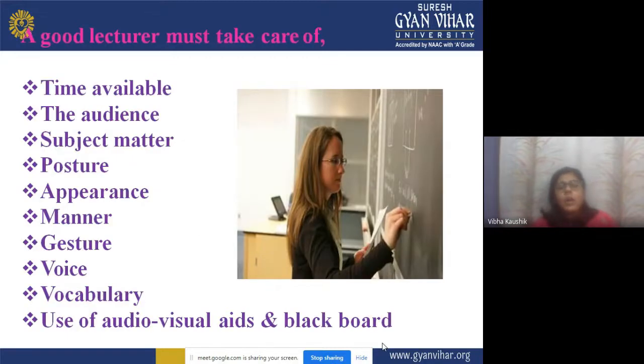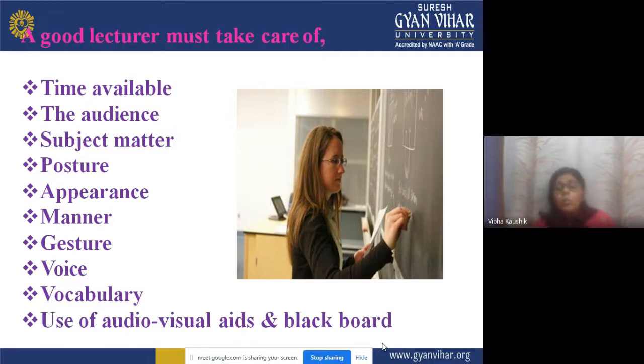A good lecturer must take care of these points when you are going to teach in the class. These points must be in your mind when you are delivering a lecture with the lecture method. Time available means the duration in which you have to complete that particular topic.